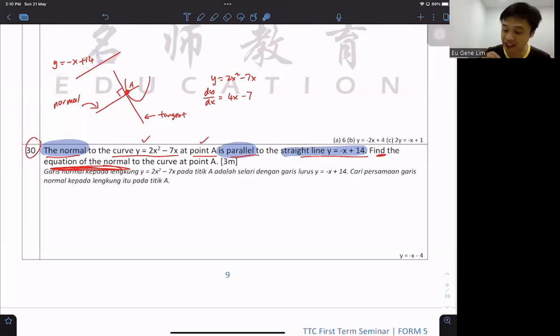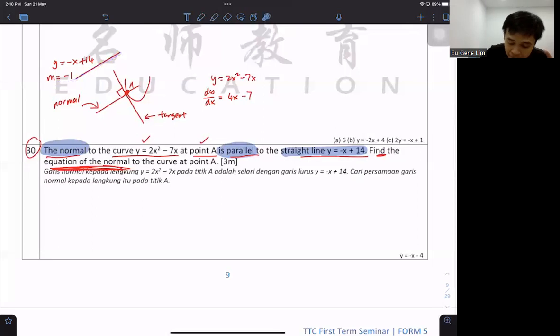Tell me what is the gradient? This one very obvious lah. The gradient is -1. Y equals mx plus c, right? So m equals -1. So this line, the gradient is -1.